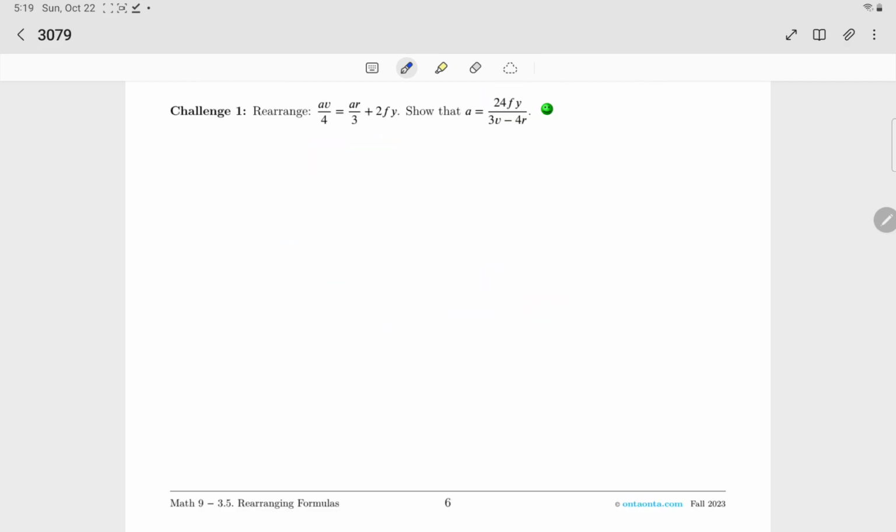You should always try to do the challenge questions. In challenge 1, we need to isolate A. We can do it a few different ways, but I would start with multiplying each term by the common factor. 4 times 3 is 12, so let's multiply each term by 12.